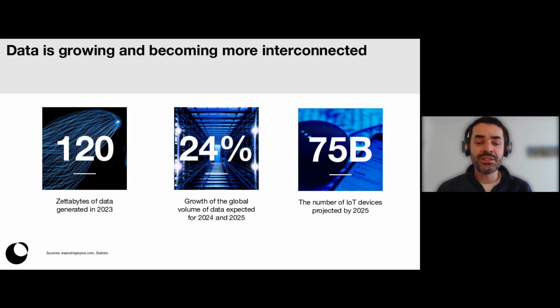In 2024 and 2025, the data has grown by 24% approximately. And this data, as I was saying, is becoming more and more interconnected. As an example, there's an estimated 75 billion of IoT devices out there projected to exist by 2025.